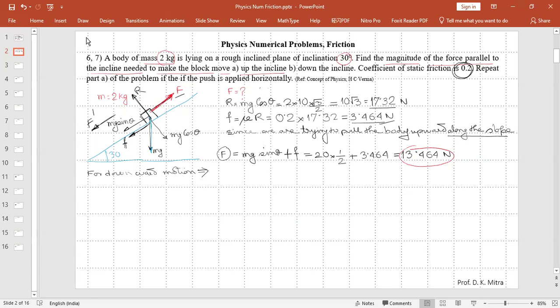What we find is that the downward gravitational force on the block is mg sin theta, and mg sin theta calculated here is equal to 10 Newton.